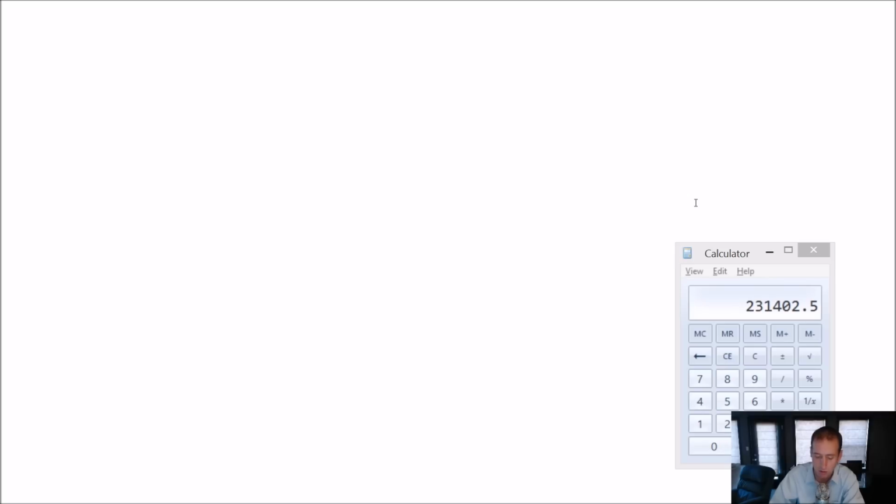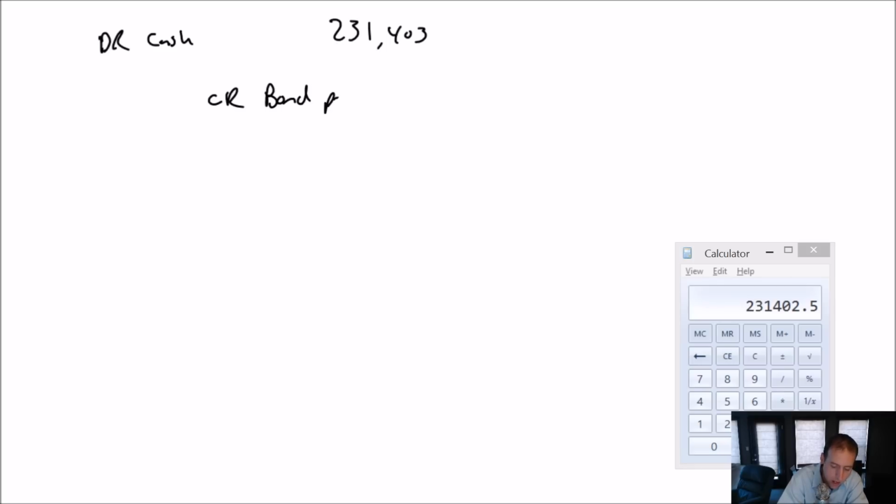Debit cash $231,403. I forgot the date, but I'll come back to it in a moment. I'm going to leave a bit of space here, because when I pay back the bond several years from now, I have to pay back the full amount, $250,000.